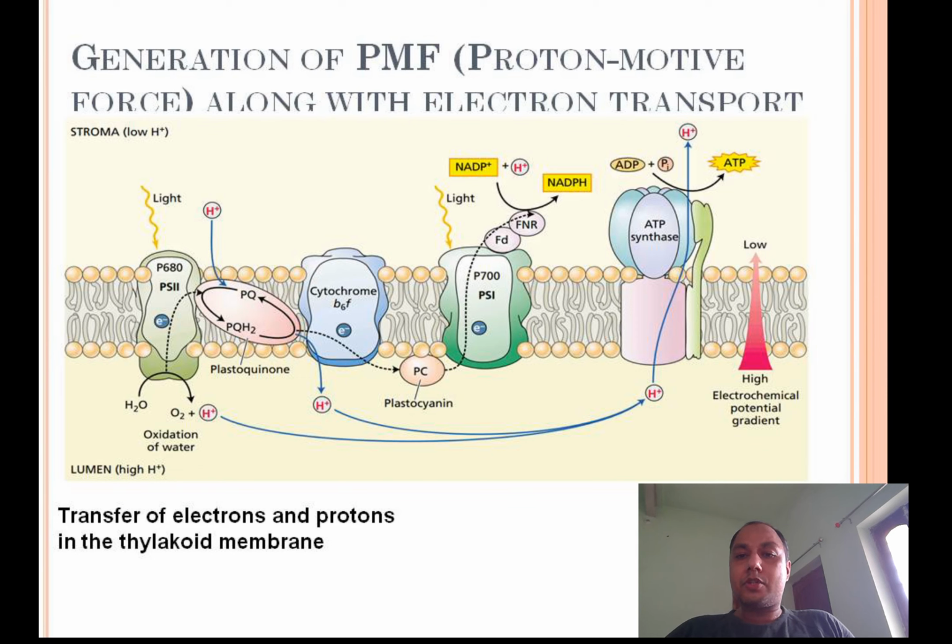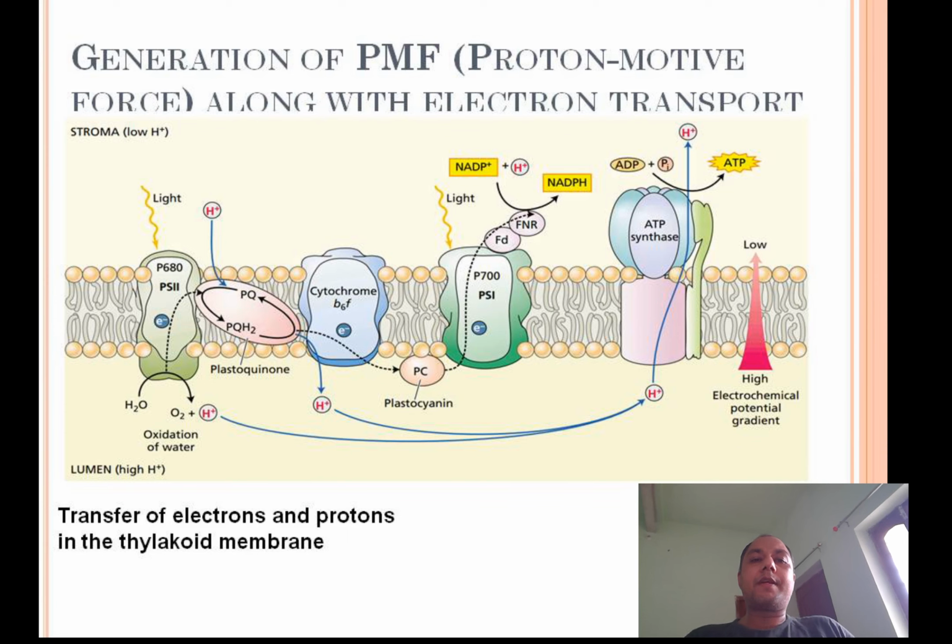So there would be a creation of an electrochemical potential gradient. This gradient is utilized for the synthesis of ATP through a protein complex called ATP synthase. The protons move back to the stroma, a downhill movement, and this causes rotation in the ATP synthase, which generates the energy for the phosphorylation of ADP, or for the synthesis of ATP.